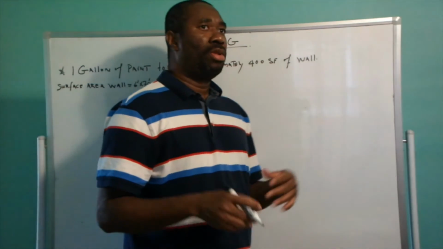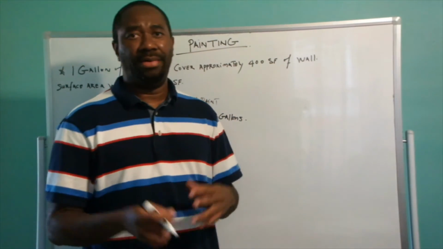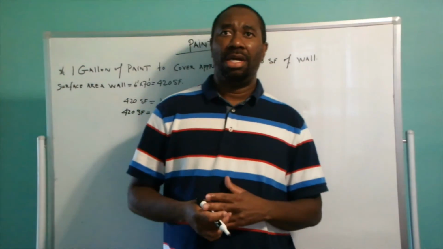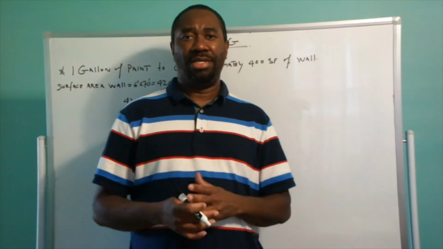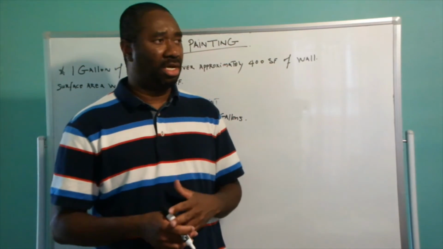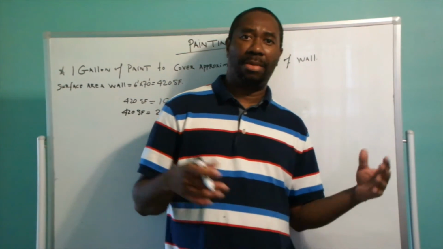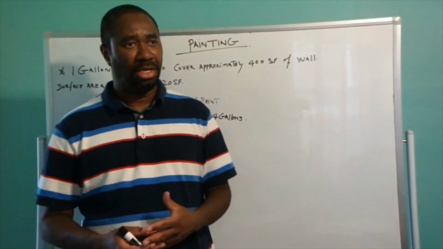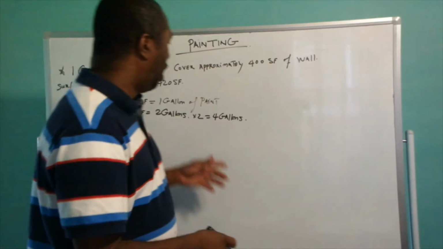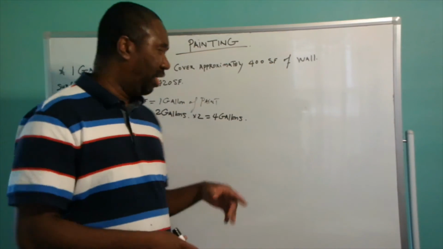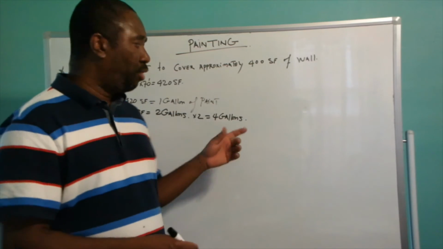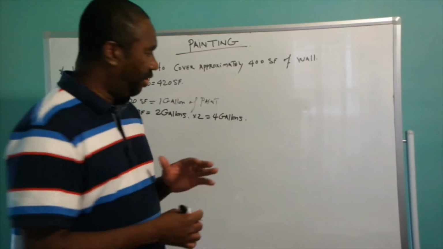And just to be on the safe side, in case there is any spillage of paint or a person might be passing and hit over a bucket of paint, I'm going to add another gallon to this 4 gallons and bring this up to 5 gallons.